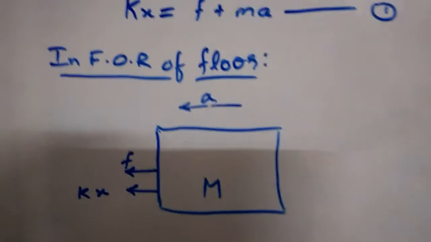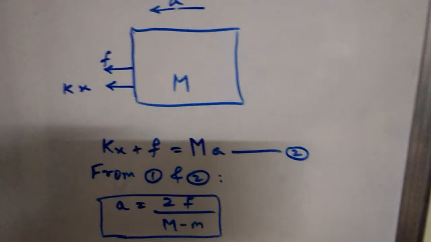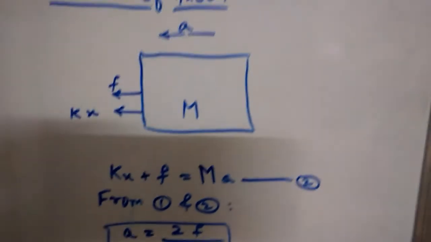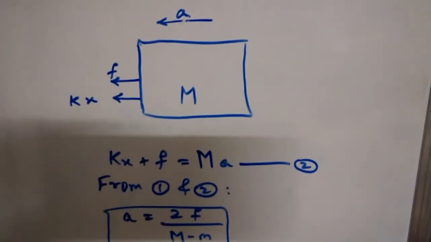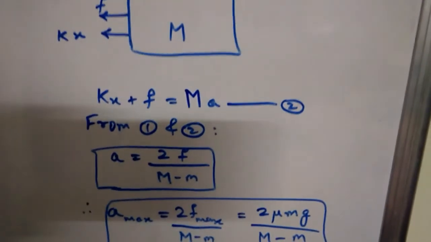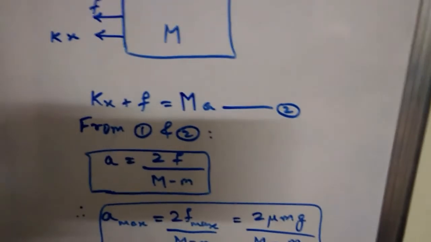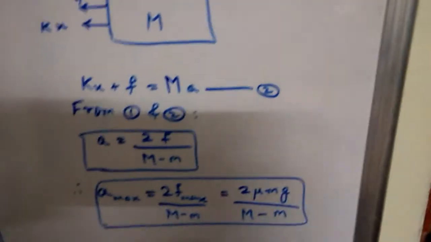So when the friction reaches its maximum value, f max, which is also mu mg, acceleration will also reach its maximum value. Now, acceleration max is equal to 2 times f max divided by M minus m, which is 2 mu mg divided by M minus m.